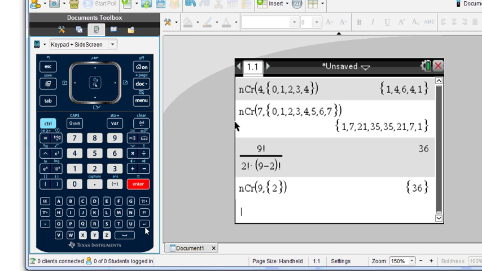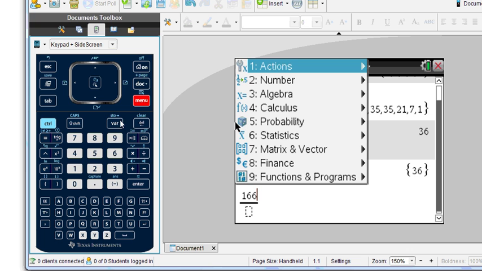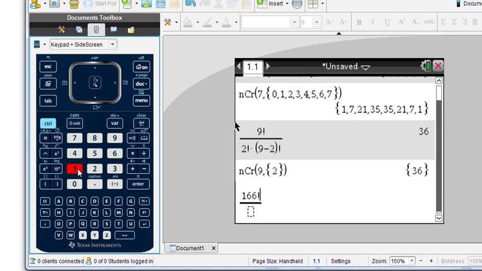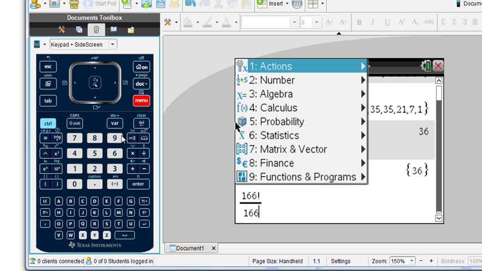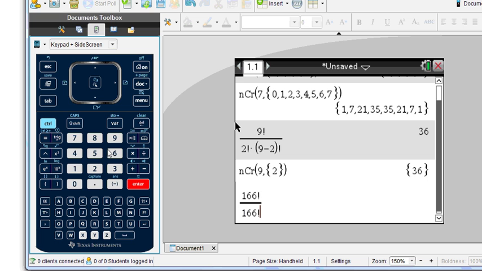Let's put that in our calculator. We will get our division. Oops, what am I doing here? Got the wrong thing. Control. There we go. We're going to put 166 factorial over 166 factorial times, in the denominator, I'm just going to put 0.